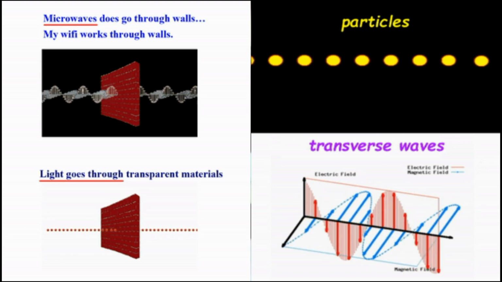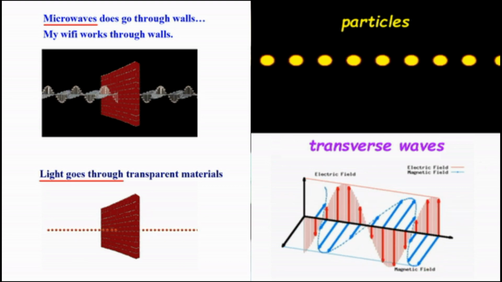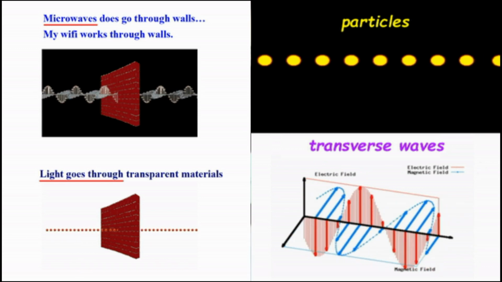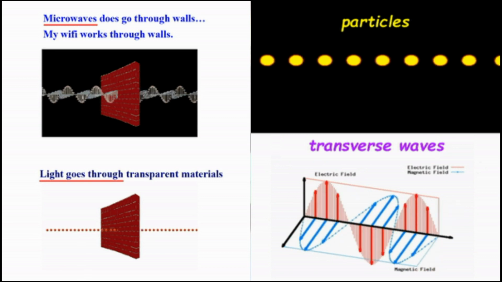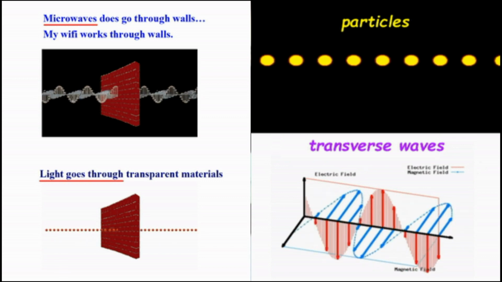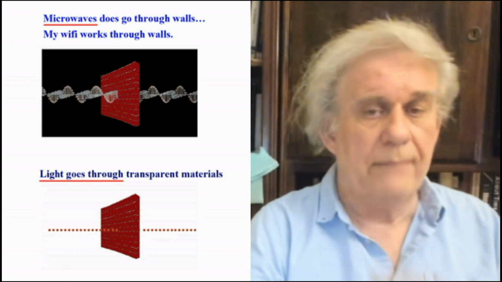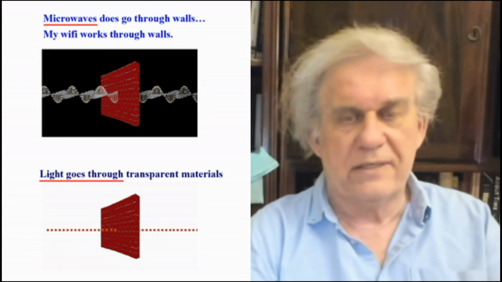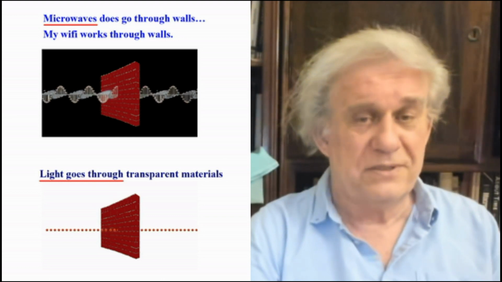So the question is, what is going through? They claim that waves and/or particles are going through their walls. So first you have to tell me what it is that's going through your walls. You have to tell me what physical object we have there. Don't say that waves go through my wall or light particles go through my wall. Tell me what those particles are.